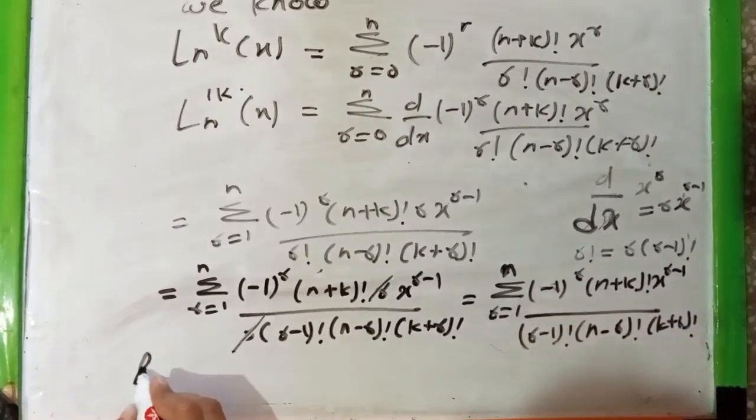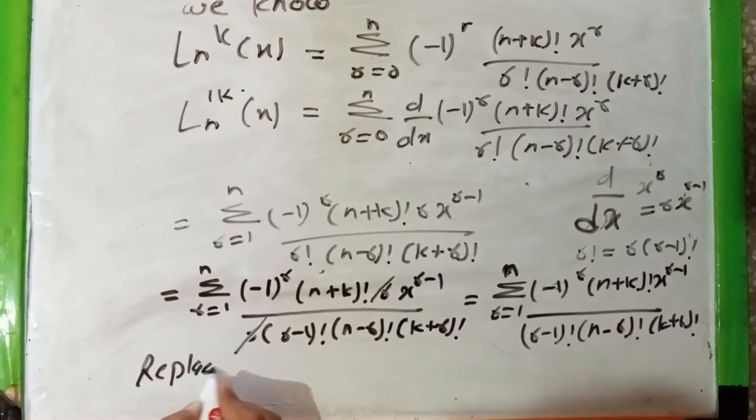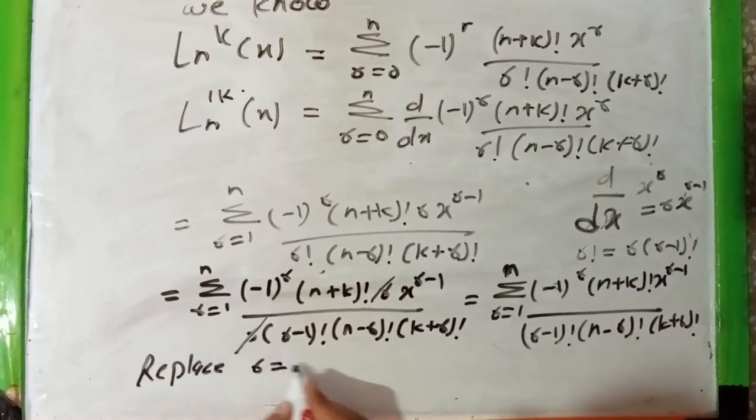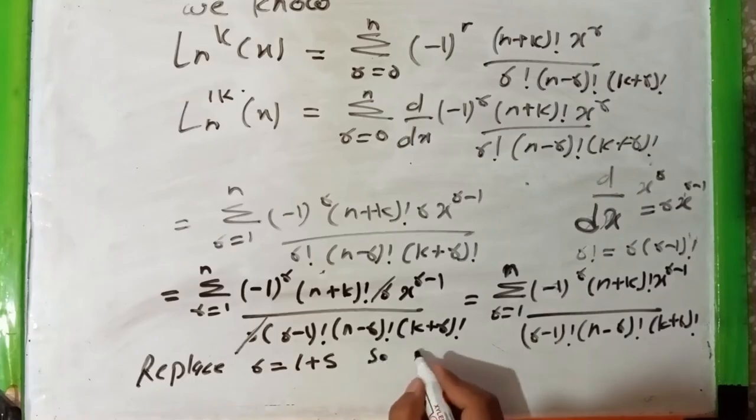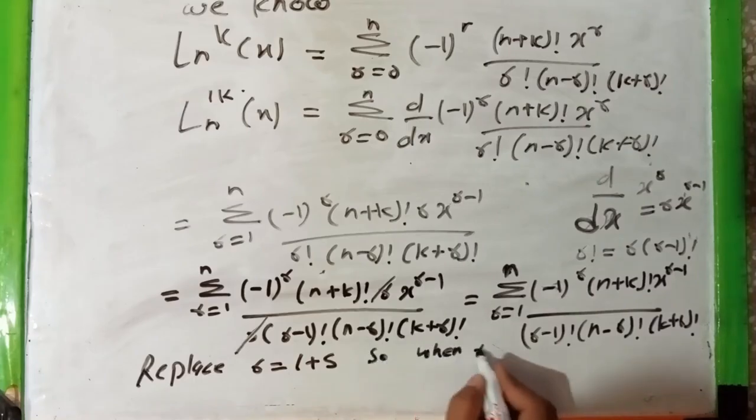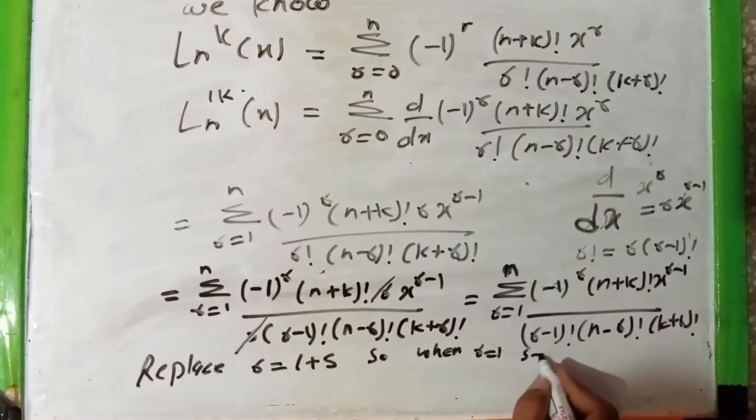Replace r is equal to 1 plus s. So when r is equal to 1, s is equal to 0. When r is equal to n, s is equal to n minus 1.